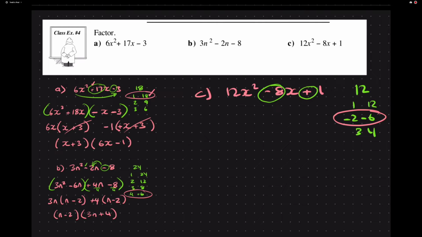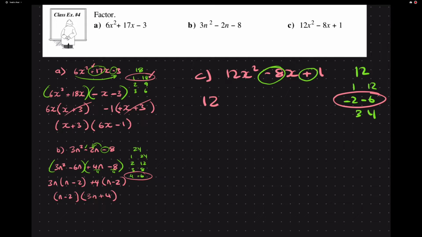So keep the same process. The first term stays the same. The last term stays the same. We're going to break up the middle term. We're going to throw some brackets around it. And we're going to factor something out. So in this case, I'd factor out a 6x.